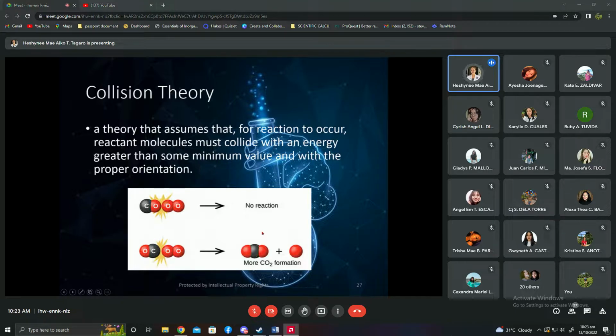If we were to produce carbon dioxide, carbon must be in between the two oxygen atoms.